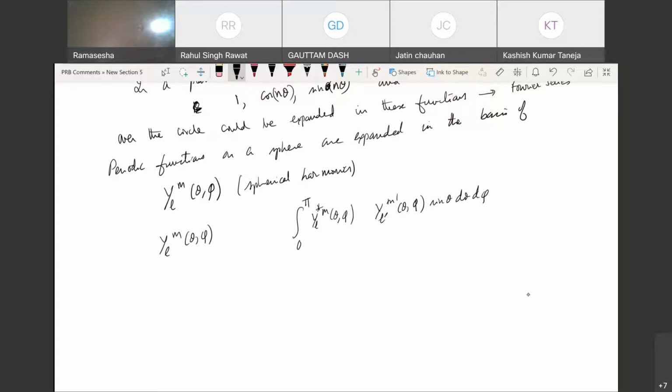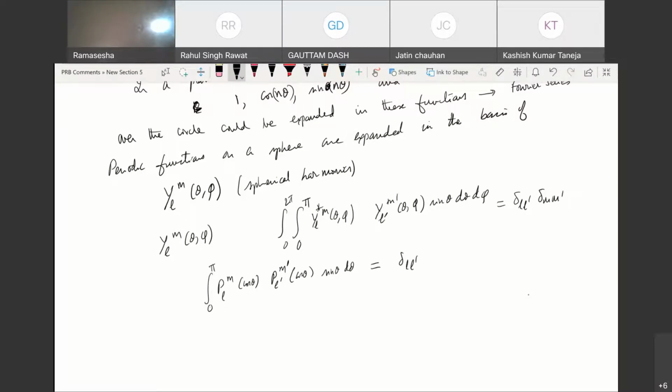Okay, and you must remember P_lm cos theta P_l prime m cos theta sin theta d theta is only equal to, okay, you don't have a delta m m prime coming here because m and minus m are always related by a constant phase factor.